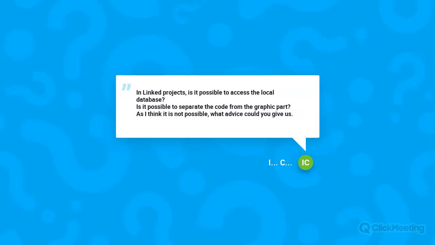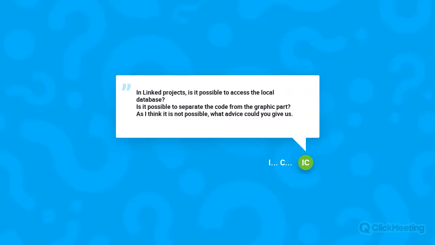Linked project. Oh, okay, that's a good question and that's a good topic. Let me read the question so that everyone sees. In linked projects, is it possible to access the local database? Yes, and it is possible to separate the code from the graphic part. I think it's not possible.